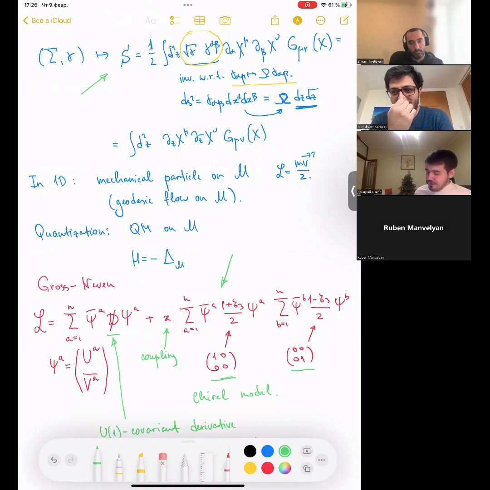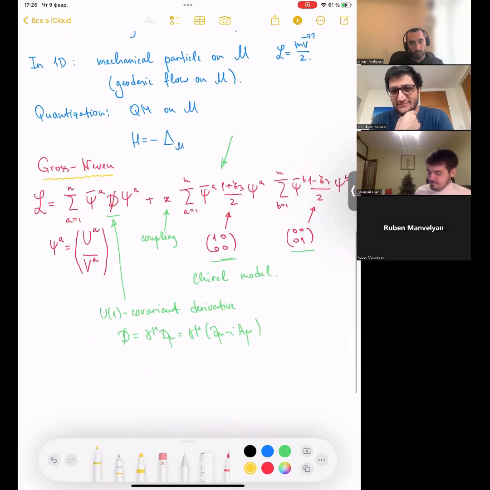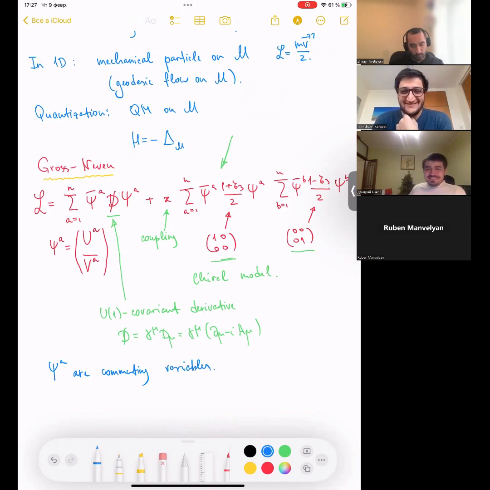Moreover, I'm not bosonizing or fermionizing anything. This will be a Gross-Neveu model with bosonic fields. Psi I are commuting variables. And I wouldn't go so far as to say that everything is equivalent. I'm an old guy, so I remember that the Gross-Neveu model is equivalent to some bosonic model.